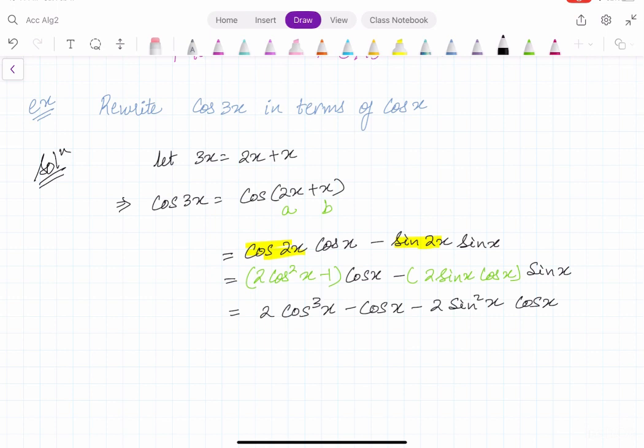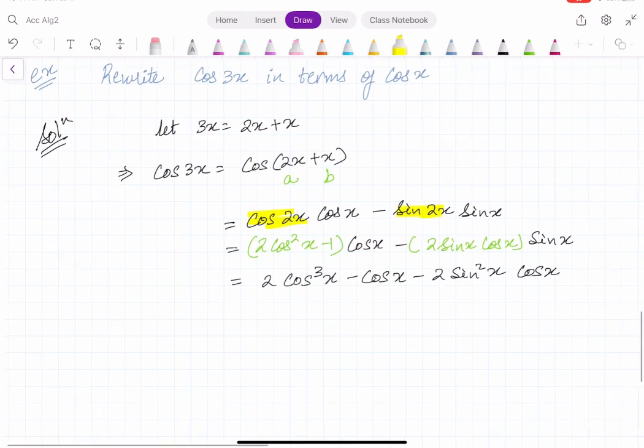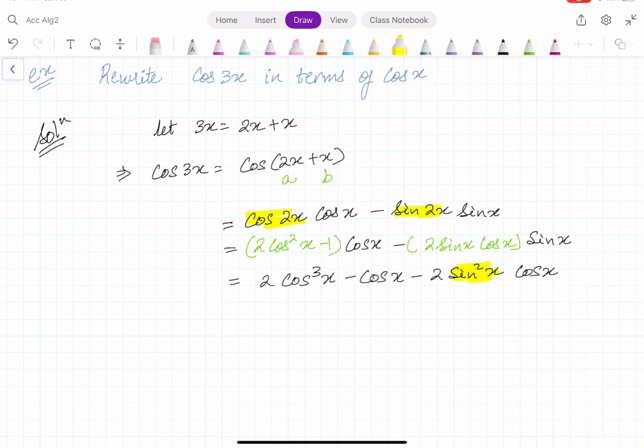Sine squared x is a power reducing, right? We can use the power reducing formula, or the other way is I can use a Pythagorean theorem. In this case, we are using the Pythagorean theorem, which is sine squared x plus cos squared x is equal to 1. If you use power reducing, then also it will work.